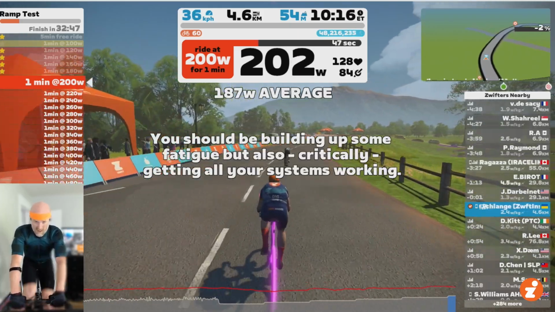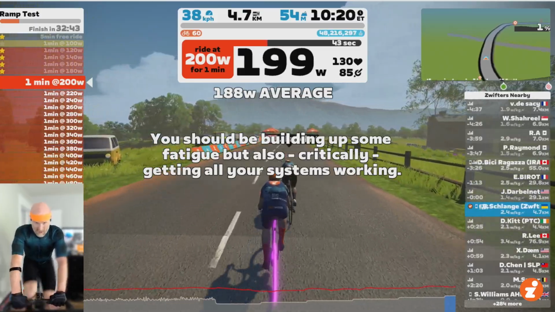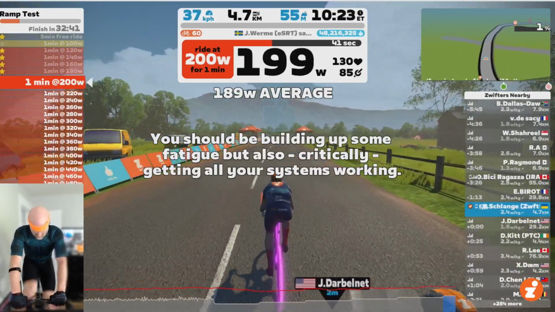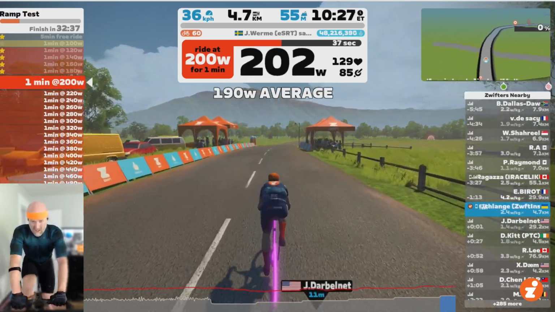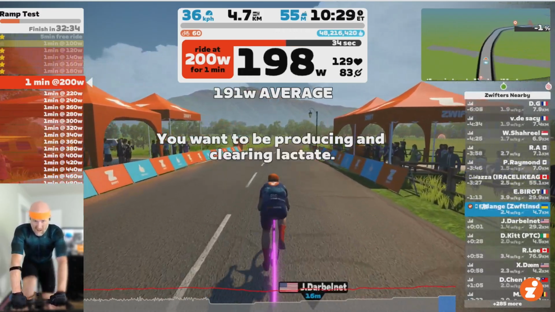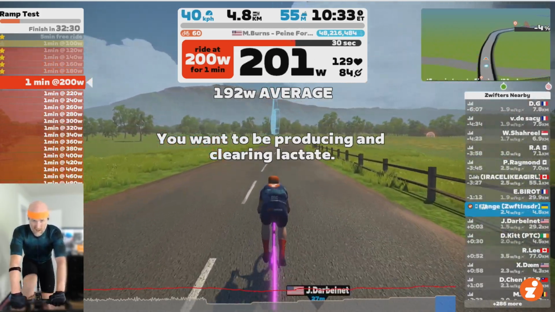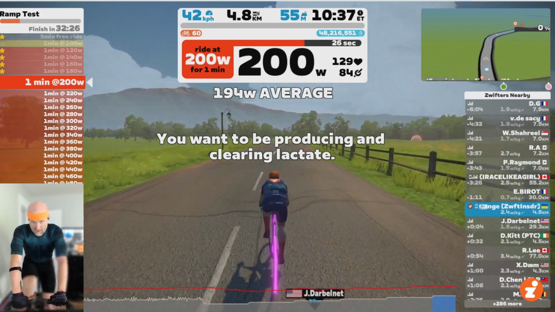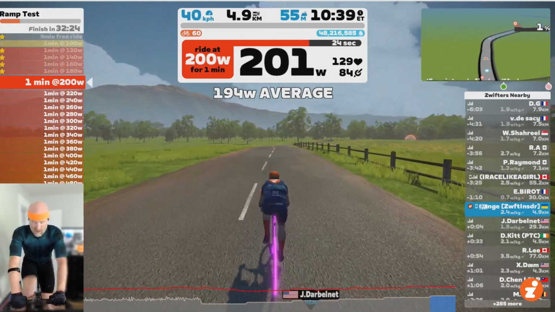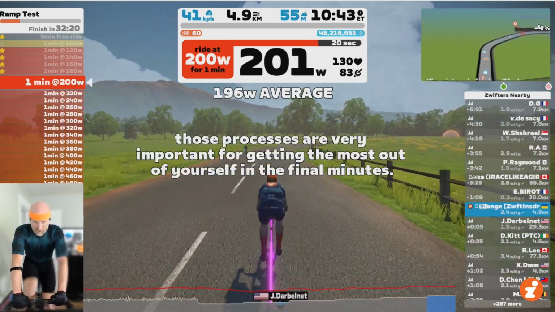The average number on this test always feels a little off to me. I don't know how they calculate it, but if my erg numbers are perfectly accurate, then right when I cross that line, my average should be exactly what the interval is.